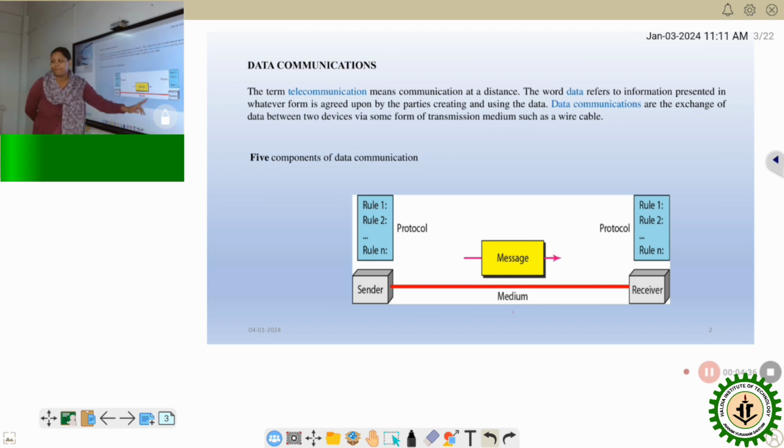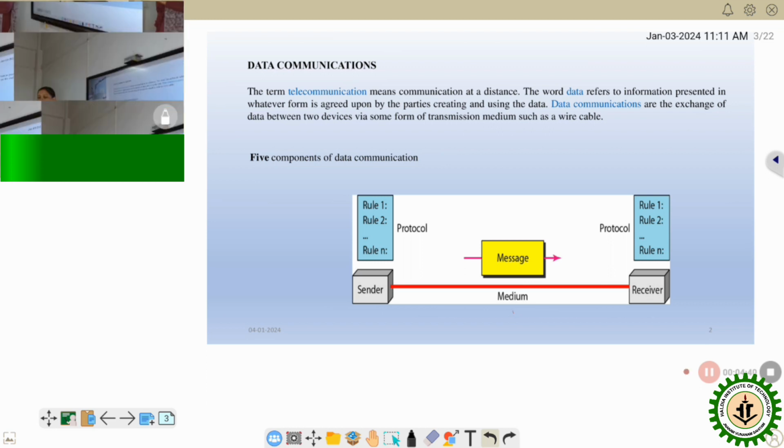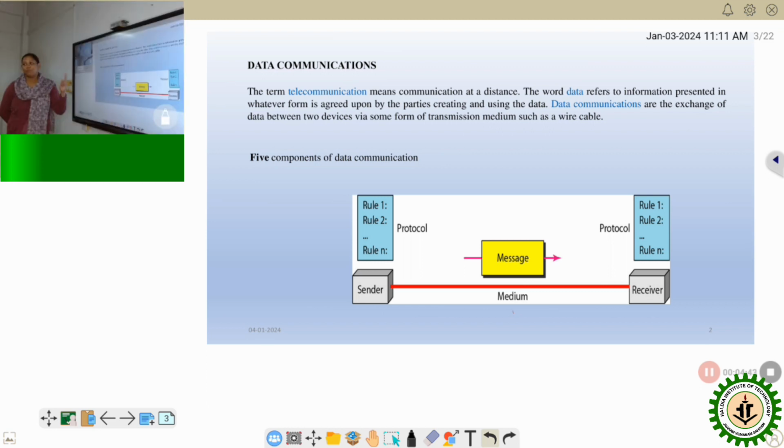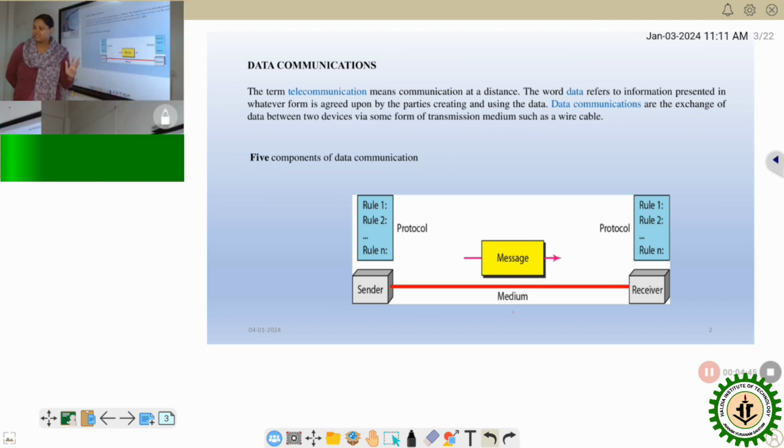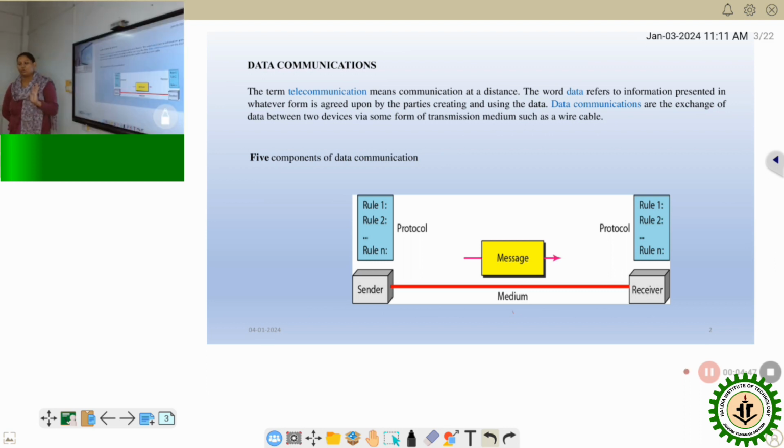So these are the five components to transfer data from one side to another: sender, receiver, medium, the message or data, and the protocol.